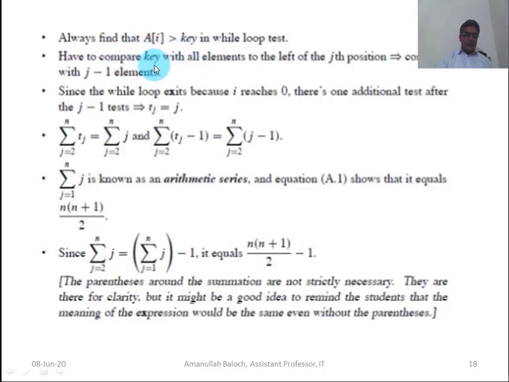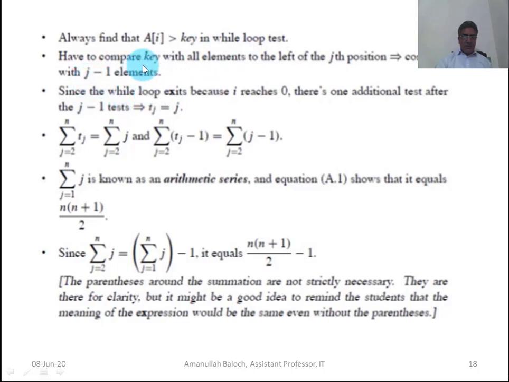That is, if the largest value exists at the top of the array, it will be compared with all the values below it, in the rest of the array. It means it will compare j minus 1 times. If there are j elements, then it will compare with j minus 1 elements.